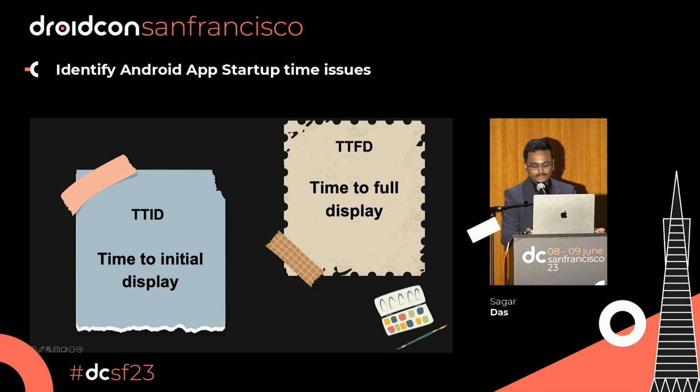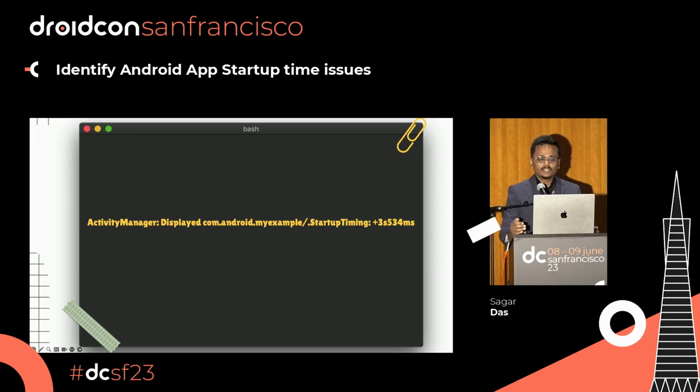Now, we're going to talk about how to measure time to initial display and time to full display. For time to initial display, we do not have to do anything, because starting from Android 4.4, API level 19, the Android SDK or the OS takes care of displaying the TTID timing in the logcat.